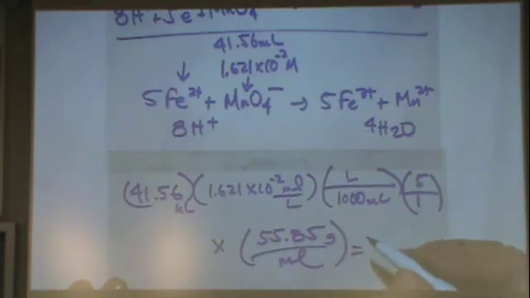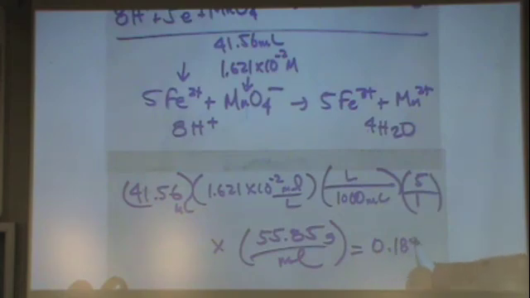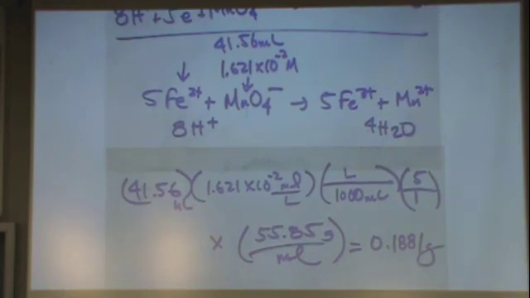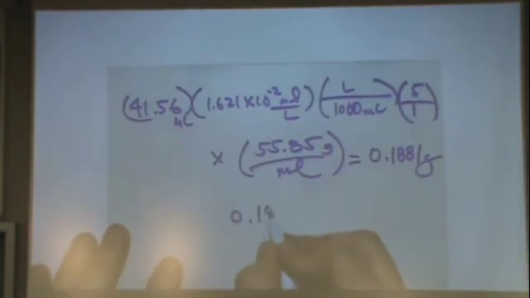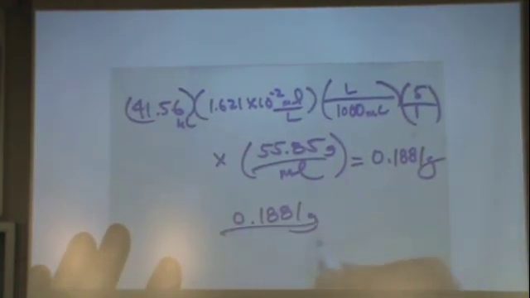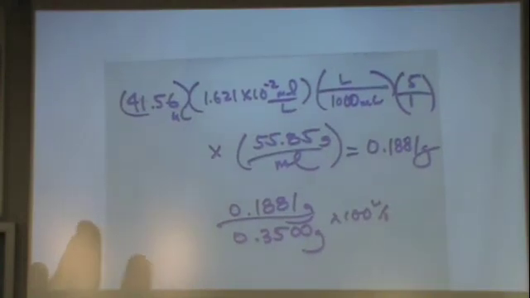And this will give me the mass of iron of 0.1881 grams. From here, I divide by the total, which is 0.3500 grams, and multiply by 100. Get mass percent. Crazy, I know, but that's how you solve it.